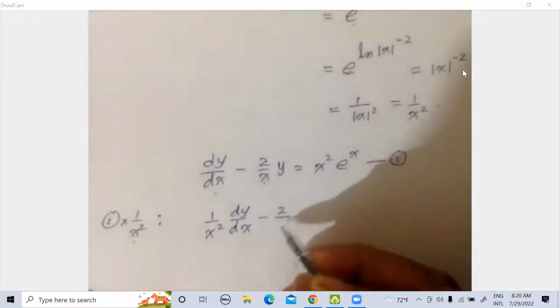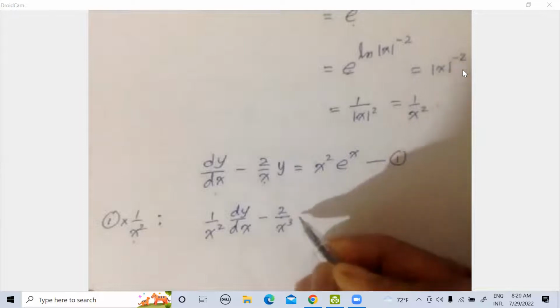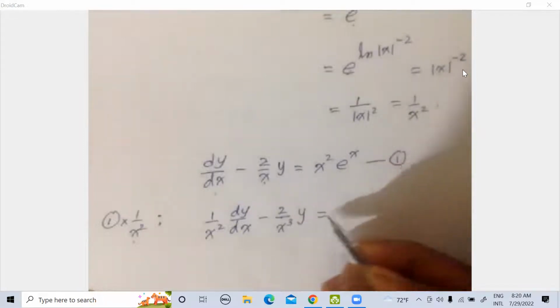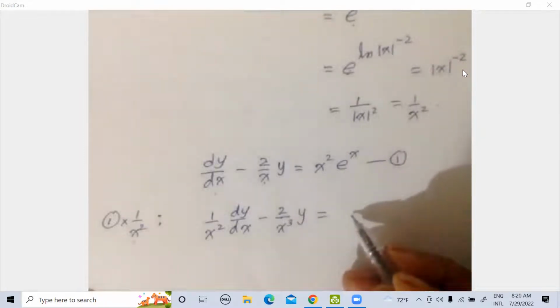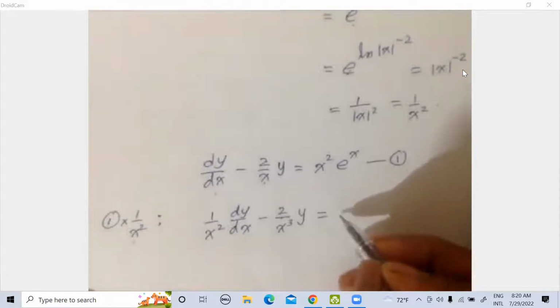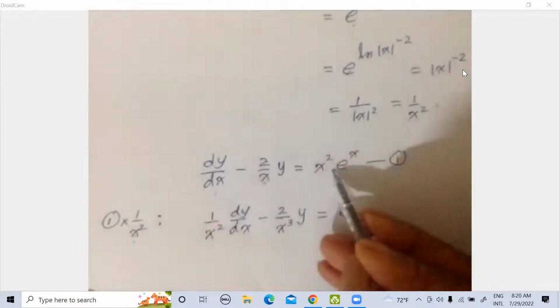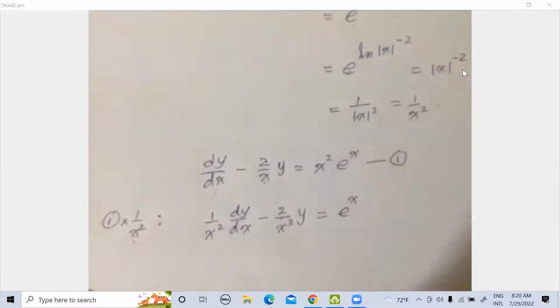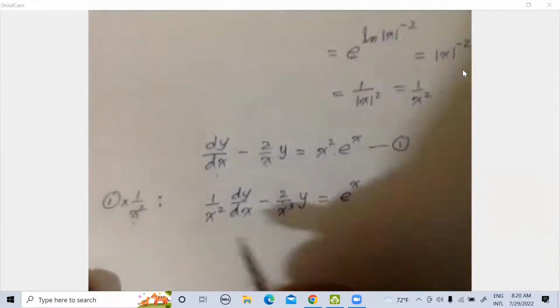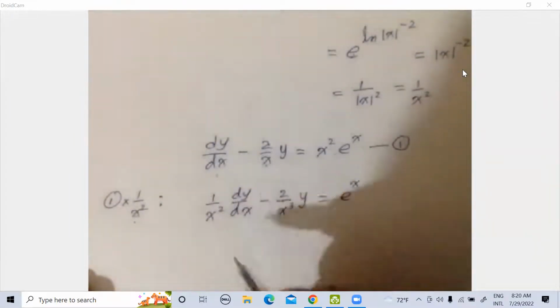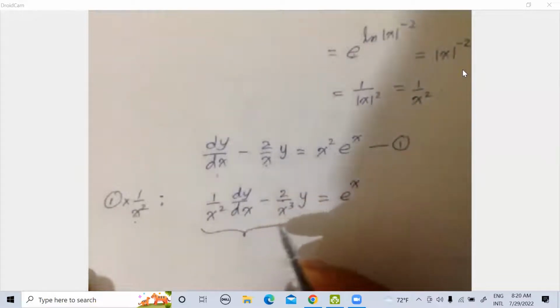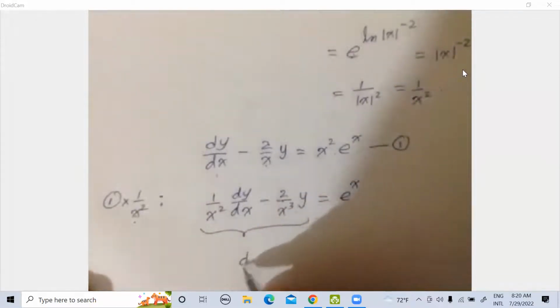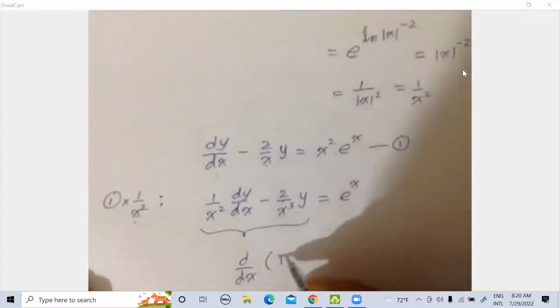Very good. 2 over x cubed y equals, what is on this side? e to the x. x squared and 1 over x squared cancel. So e to the x. Now we said this side, after you do that, is always equal to d over dx of the integrating factor times y.